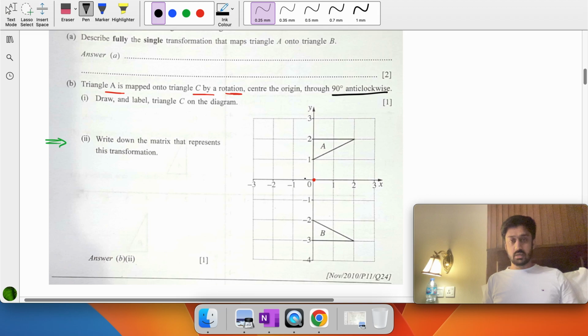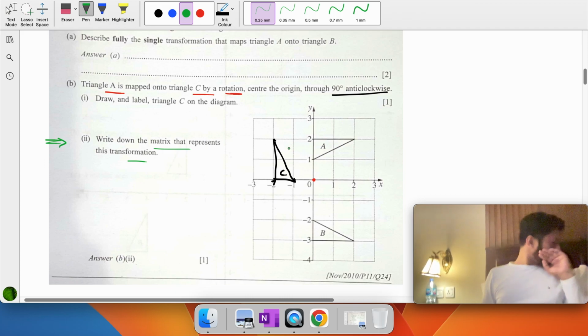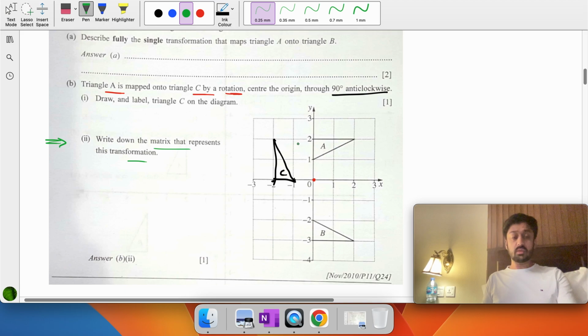Let me just quickly draw the answer. Anti-clockwise, this and this point would appear here. So it would look like this when you solve it. We'll go into detail in the next video. So write down the matrix representing the transformation. This is 90 degrees anti-clockwise.